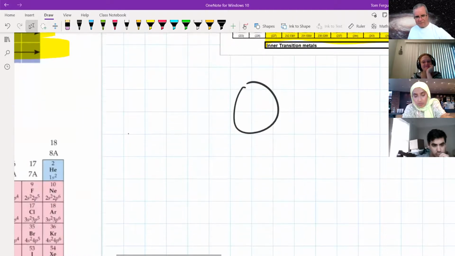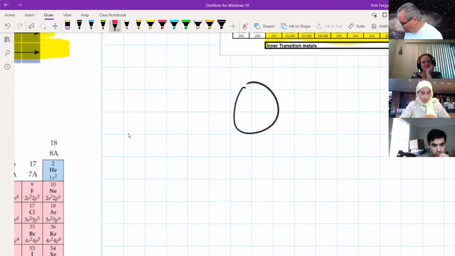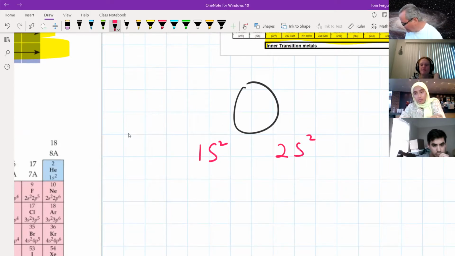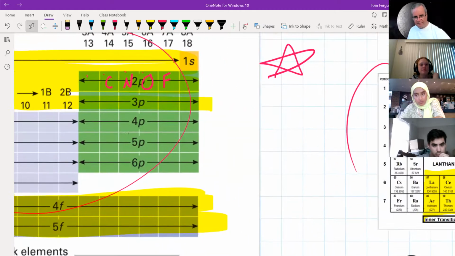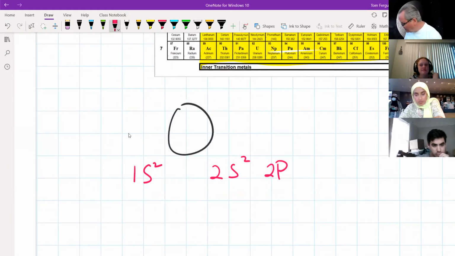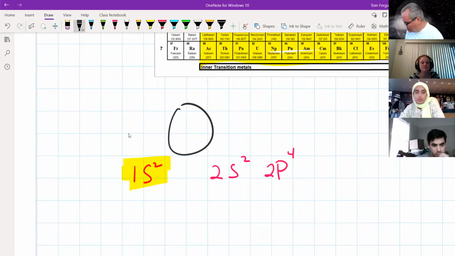So to write out oxygen, we have to consider we have core electrons, which are going to be below that, which is the 1s2. These would be core. Then we have 2s2, 2p. How far in are we? 1, 2, 3, 4. So it's going to be 2p4. That's core, because it's down 1 from the highest one.